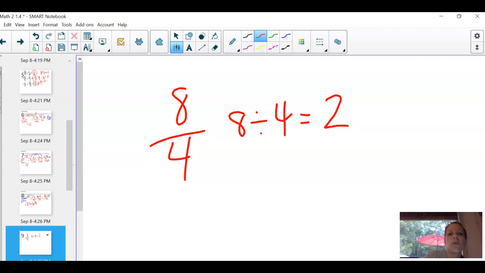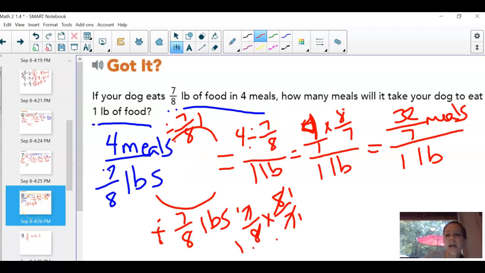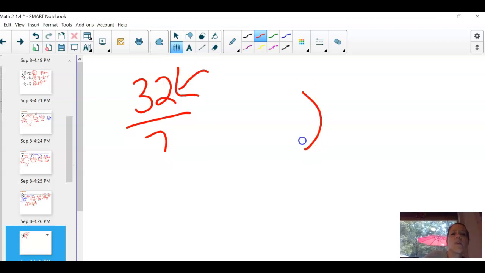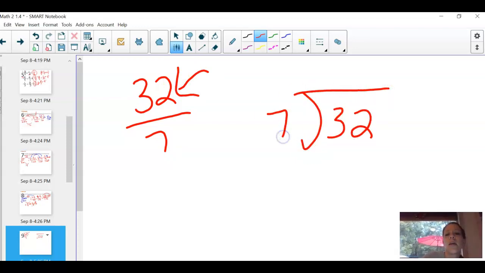It's not different with a fraction, but in this case, I have 32/7. The number on the top always goes under the bridge. So I have 32 divided by 7. 7 times 4 will get me to 32 without going over. 4 times 7 is 28.